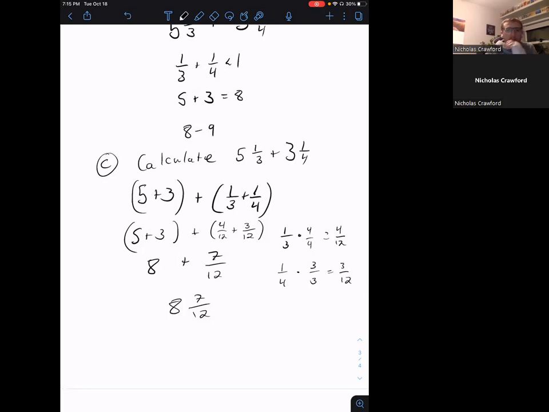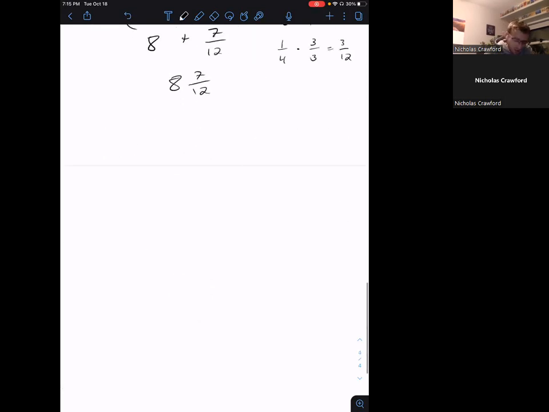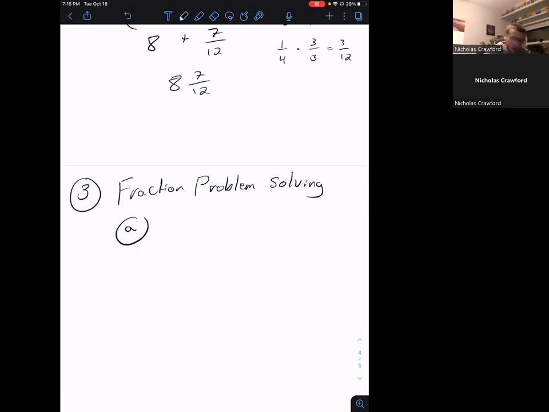Part 3 is fraction problem solving. Okay. What is fraction problem solving? Let's do part A. So these are like the word problems that are on activity 16, I think, right?